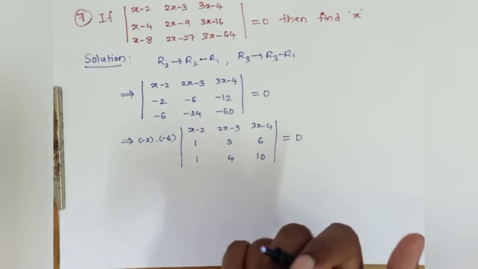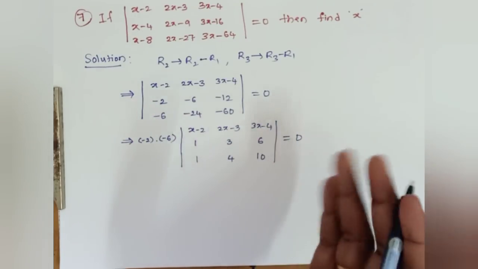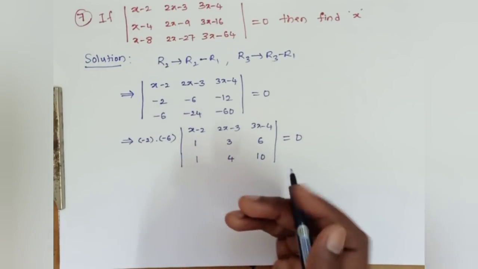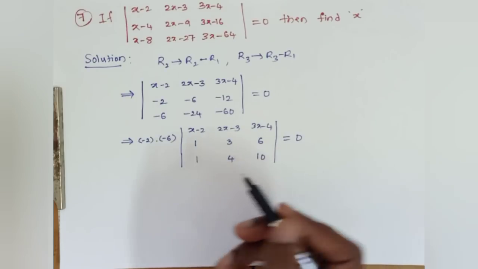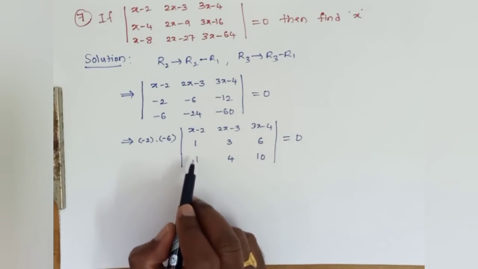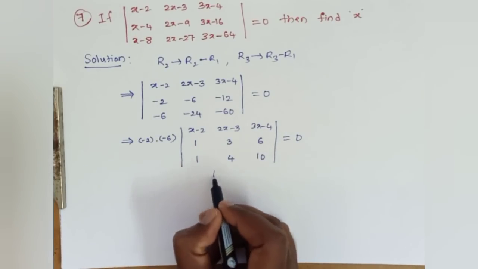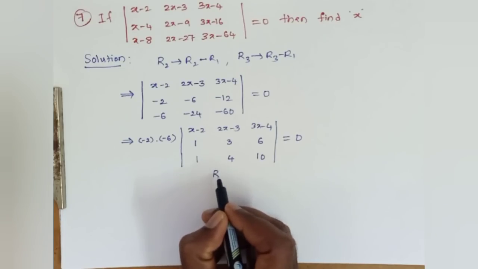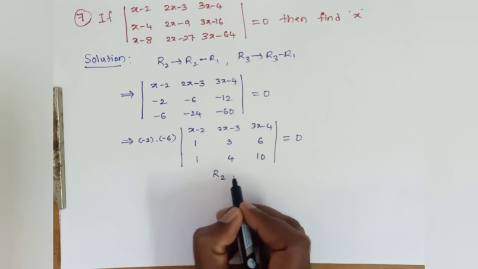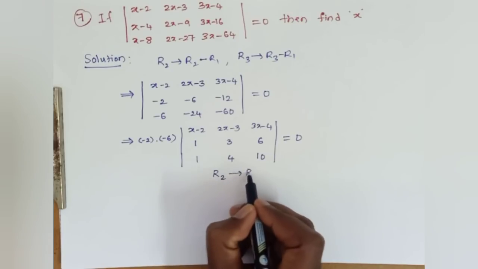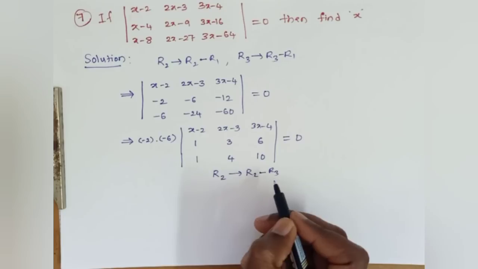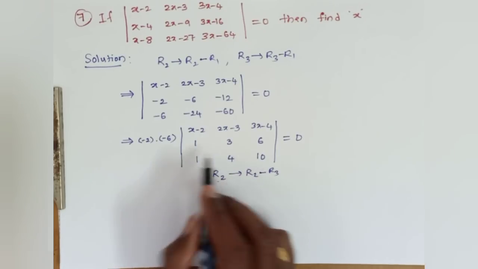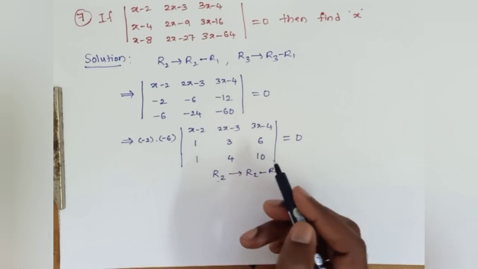Now you can evaluate by expanding the determinant, or if possible apply some more operations. See, this 1 and 1 will be there, so you can apply the row 3 operation or row 2 operation. Here I am changing row 2 as row 2 minus row 3. While applying this operation, only row 2 is changed in the next step.